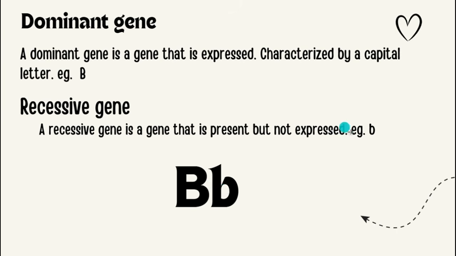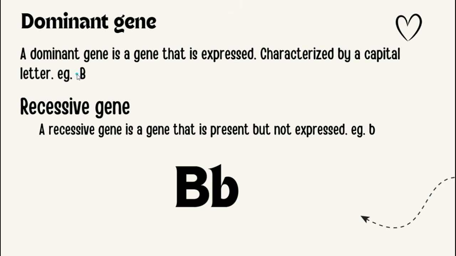Now, how I would explain this is that, as I said before, genes code for a particular trait. So now this B, and this is for example purposes only, because if we want to represent the gene, we can use anything. We can use a big A, a big B, a big C. It depends on what trait we're coding for, right? So in this situation, this big B is going to represent black hair.